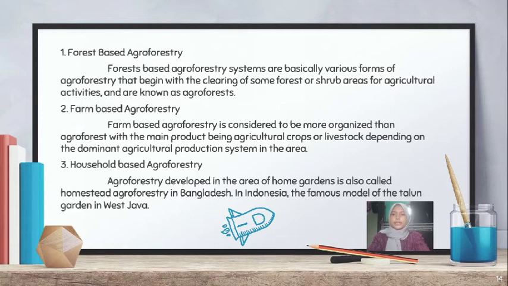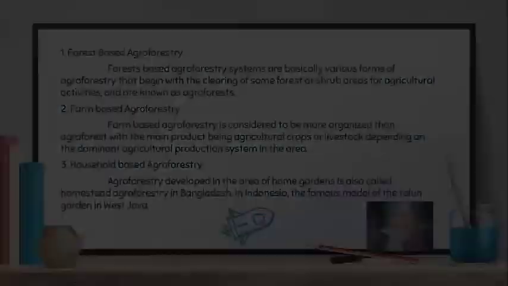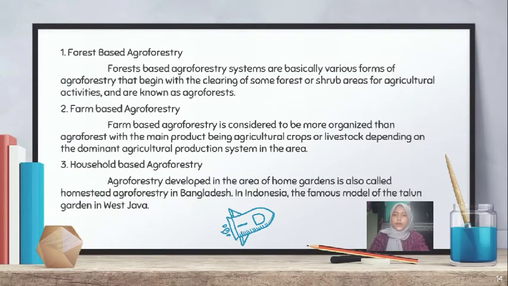The third is household-based agroforestry. Agroforestry developed in the area of a home garden is also called homestead agroforestry in Bangladesh. In Indonesia, the famous model is the Talun Garden in West Java. Meanwhile, in East Kalimantan, there is a traditional garden owned by a large family clan.